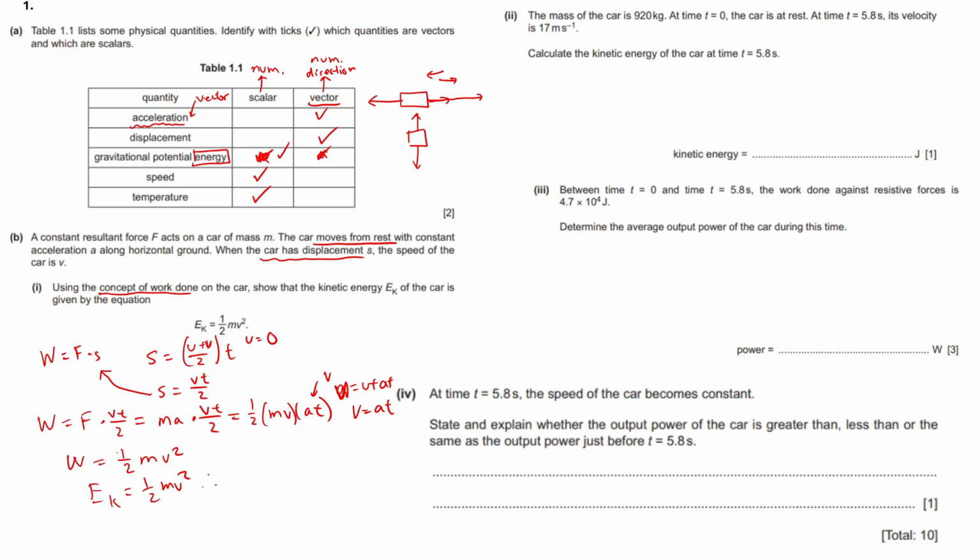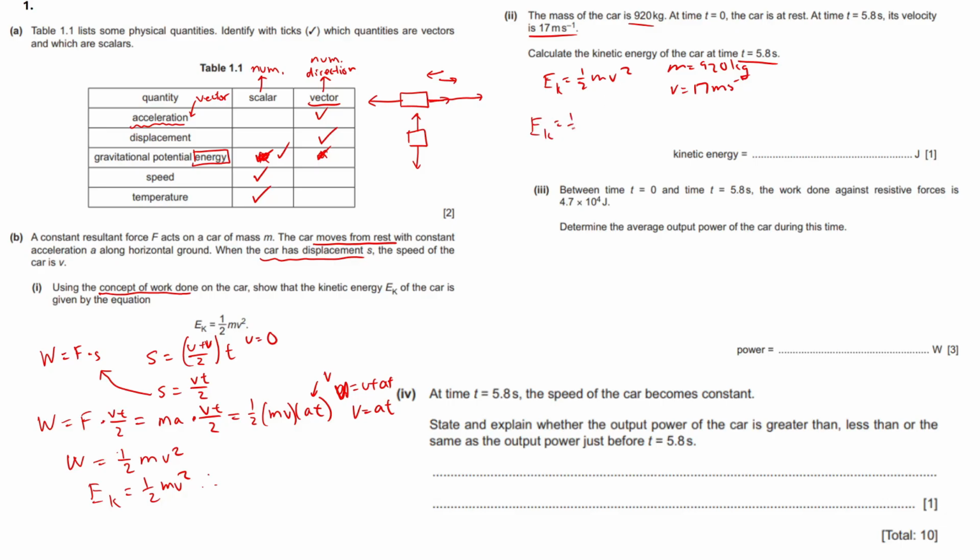All right, so we're going to have to use the equation that we just derived before. So we are given the time as well as the velocity and its mass. If we use the equation, m is going to be equal to 920 kg, and then v is going to be equal to 17 meters per second.